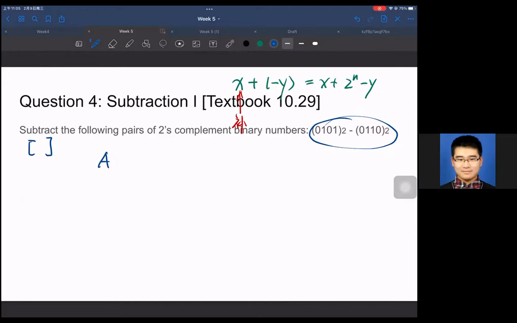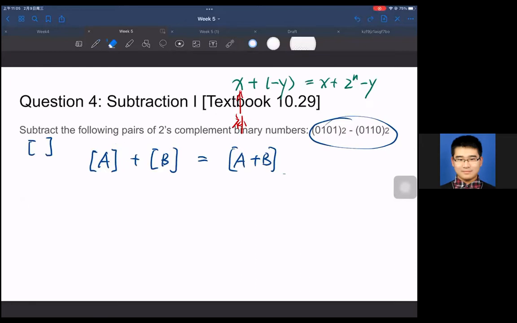So if I have some number A and another number B, and I want to add the 2's complements of these 2, this is equivalent to the complement of A plus B. So if I want to get A plus B's complement, I just need to take each one's 2's complement and add them together.